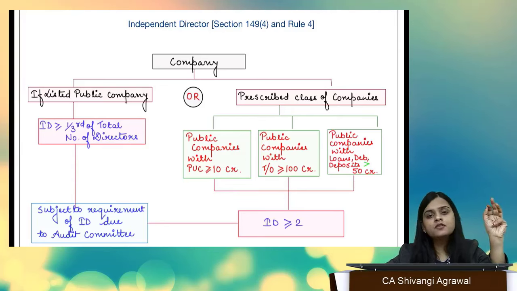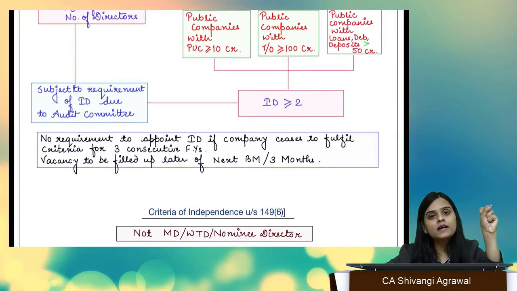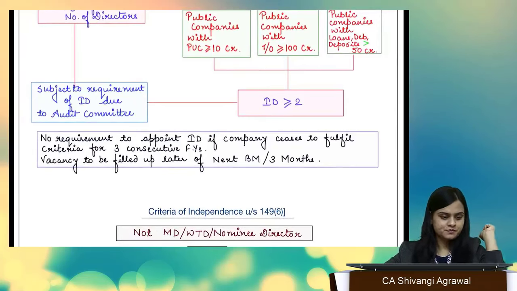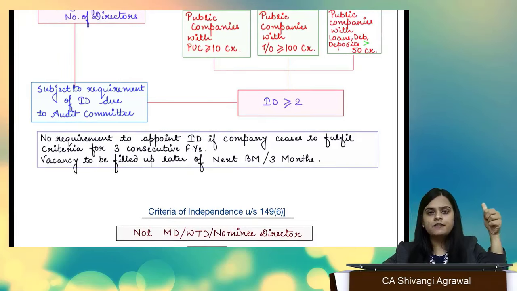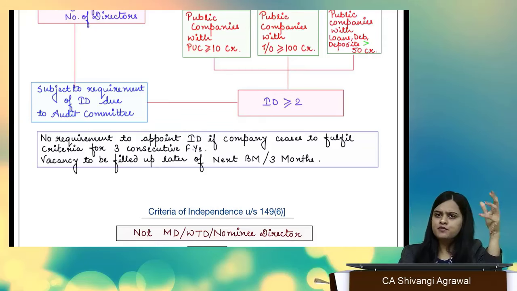If any of these 3 criteria is satisfied, then you have to appoint at least 2 independent directors. So every listed company, at least 1/3 independent directors, and unlisted public company, if you meet the threshold, at least 2 independent directors.